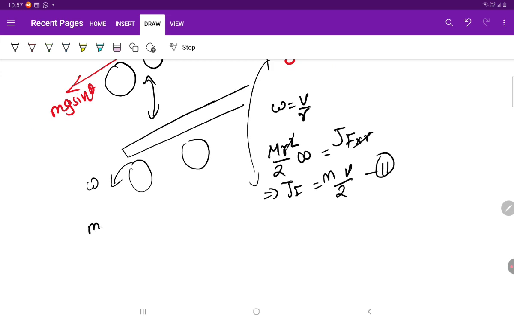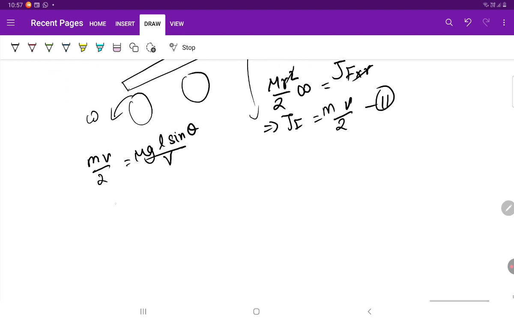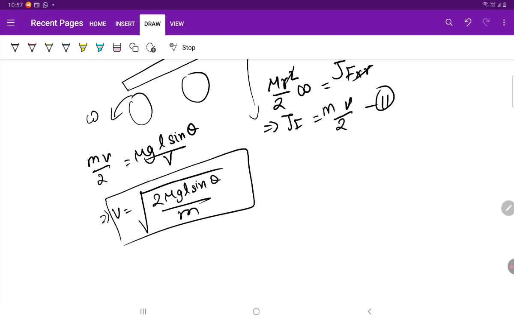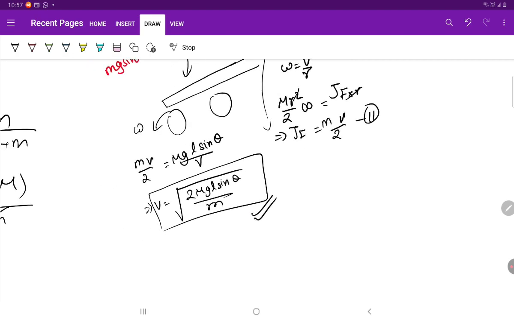So small mv by 2 is equal to capital M g L sine theta by v. Hence we will get small v is equal to root of 2 M g L sine theta by m. Hence we get our final result. Hope you understood the problem. Moving ahead to the next question.